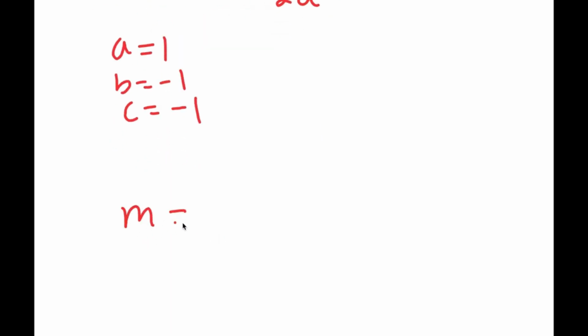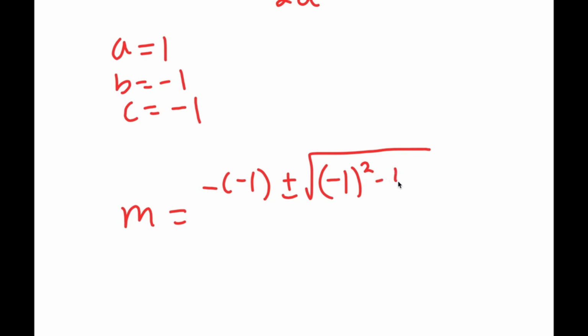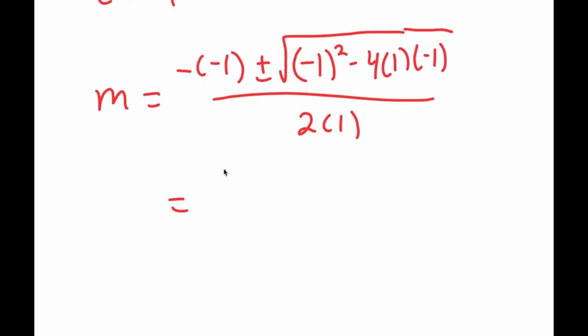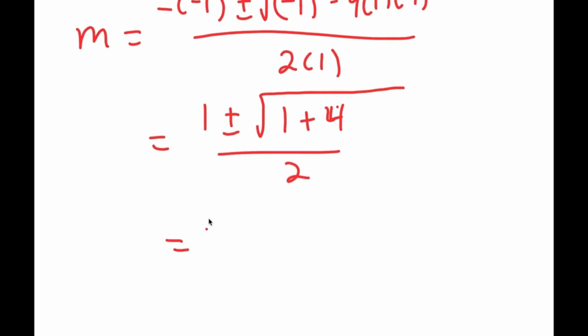So I get m is equal to negative of negative 1 plus or minus the square root of negative 1 squared minus 4 times a, which is 1, times c, which is negative 1, all over 2a, so 2 times 1. And this turns into positive 1 plus or minus the square root of 1 plus 4 over 2, which is equal to 1 plus or minus the square root of 5 over 2. So this is the value of m.